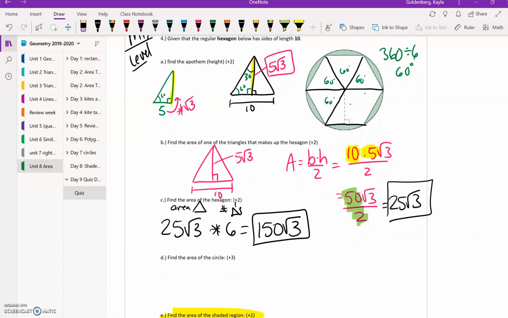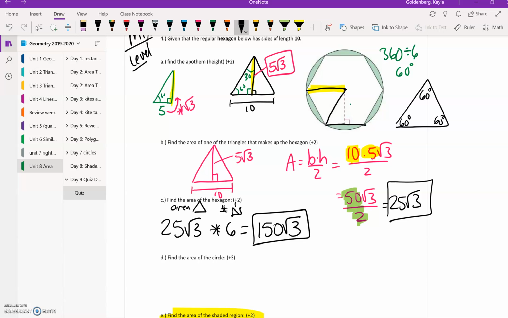And I'm going to go back to my picture and erase a little bit of stuff. So if I want the area of the circle, if I think back to circles, I know I need the radius. And here's an example of the radius. So it's one of my sides in my triangle. Now, if you think about these triangles that we made, the top was 60 degrees. Remember how we cut and we saw it was a 30, 60, 90 triangle?